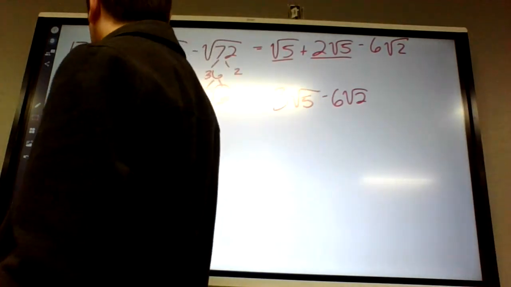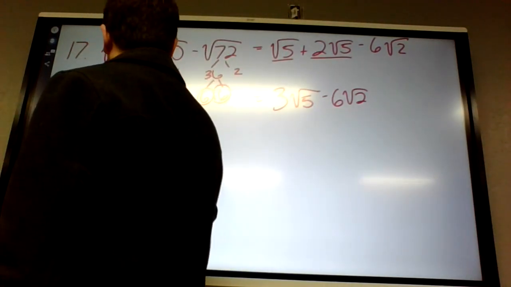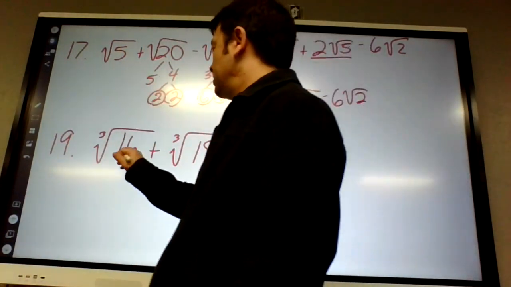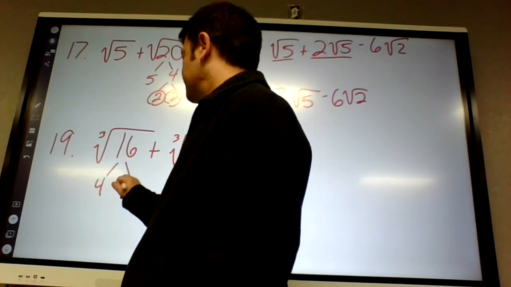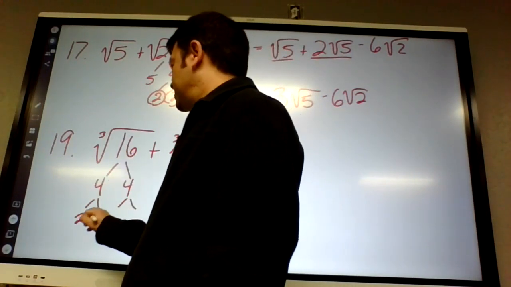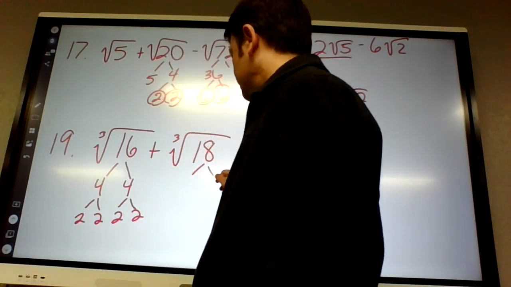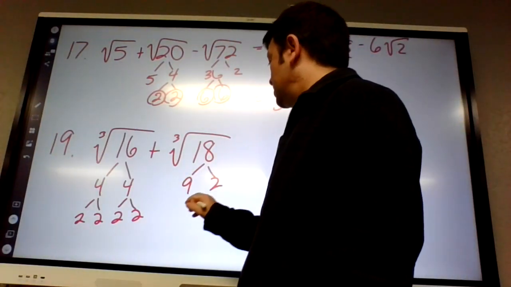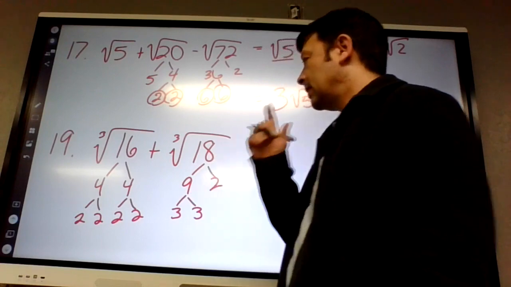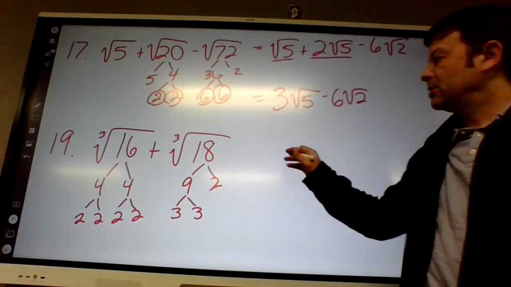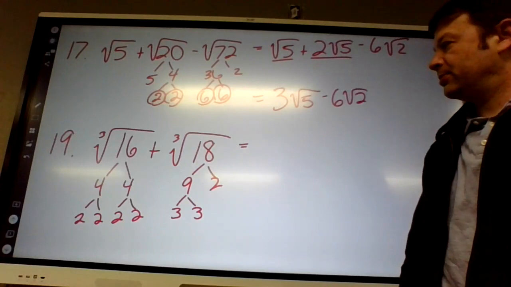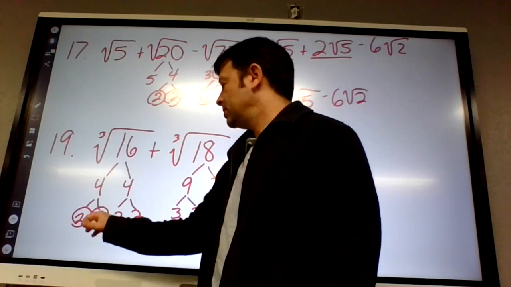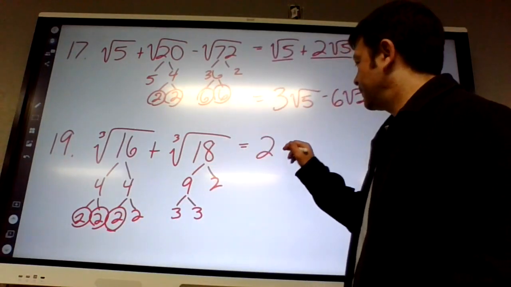Cube root of 16 plus cube root of 18. Alright, 16 just has a bunch of 2's in it. Okay, Ciara, what's cube root of 16 going to turn into? 2 cube root of 2, yeah.